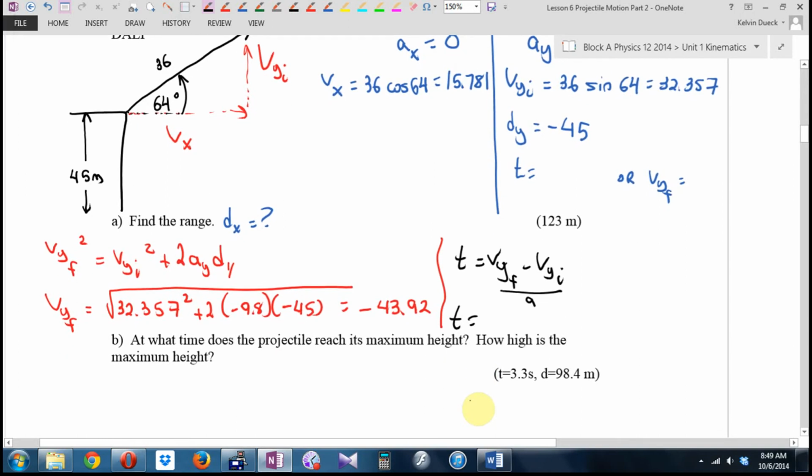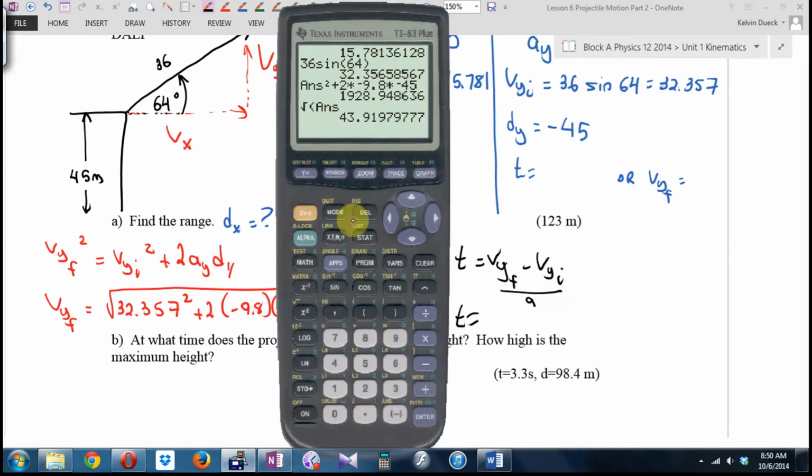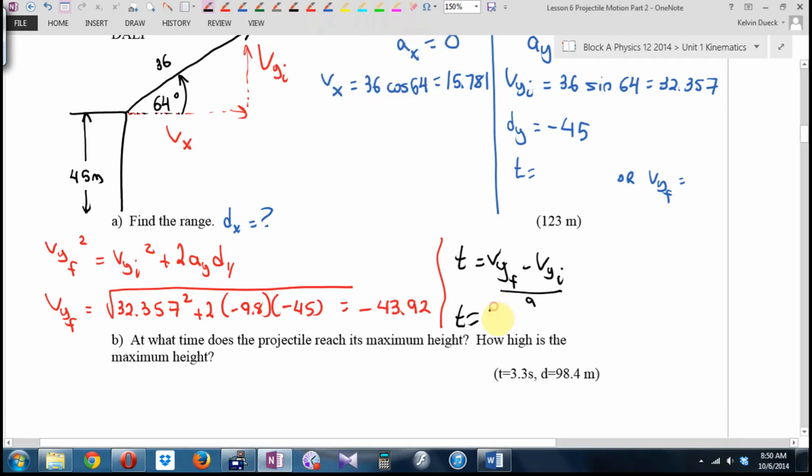Sheesh. Note to self, Mr. Dueck, add way more room for this question. Don't have room to show work on that line. Yeesh. Let's just do it. Negative that thing minus 32.357 divided by negative 9.8. I get an answer somewhere between 6 and 9 seconds for time, I hope.